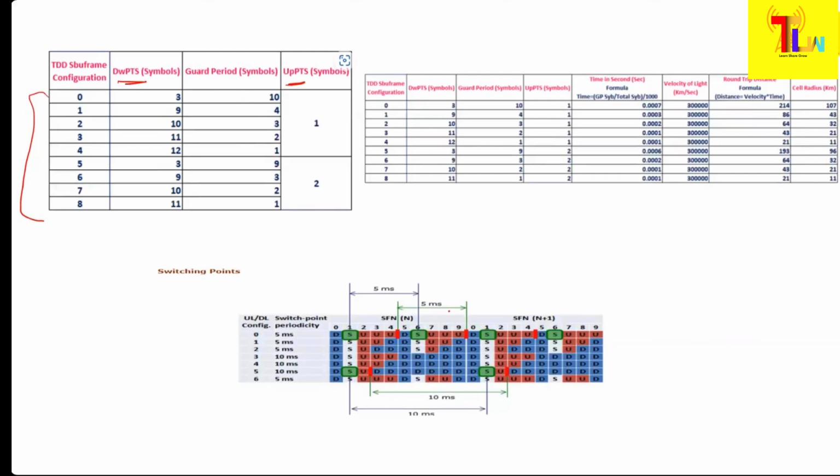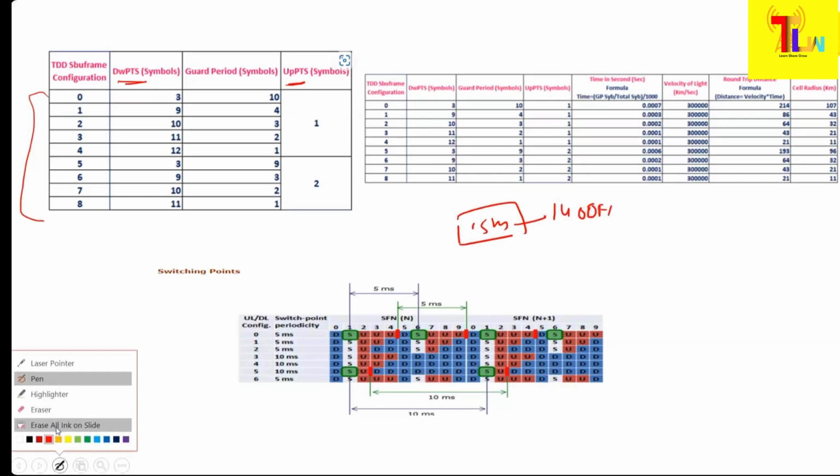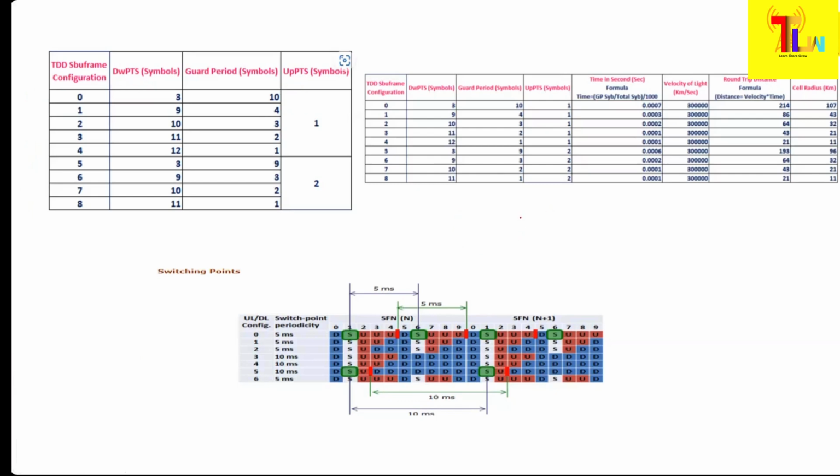Now, we have 14 OFDM symbols in 1 millisecond, sorry, I'm so sorry, not 0.5. We have one complete subframe, this is our special switching subframe. It has 2 slots, so it has 14 OFDM symbols because 7 plus 7 is 14.